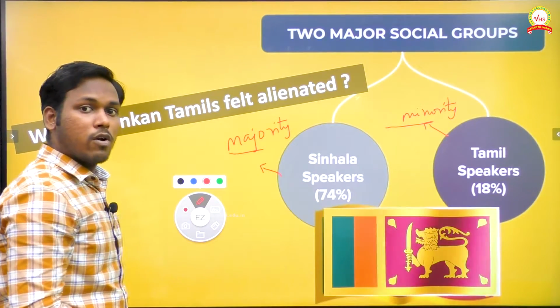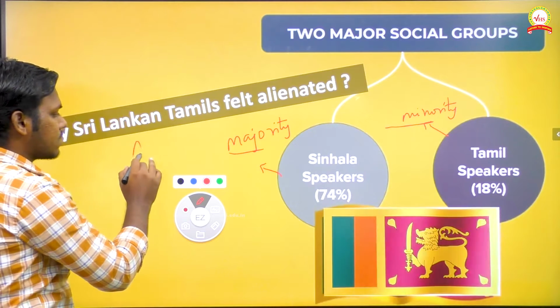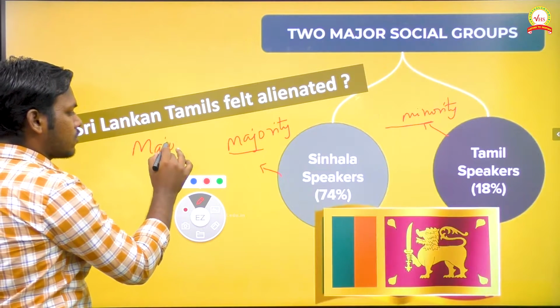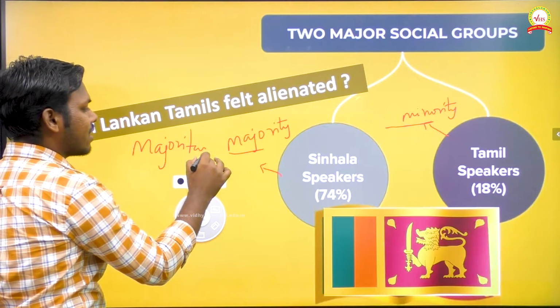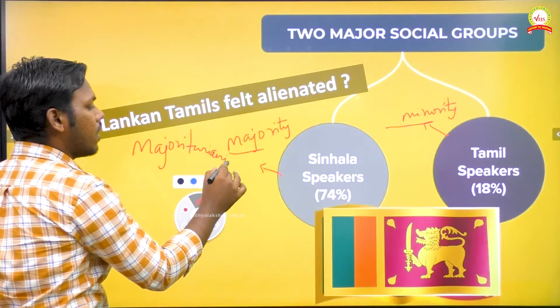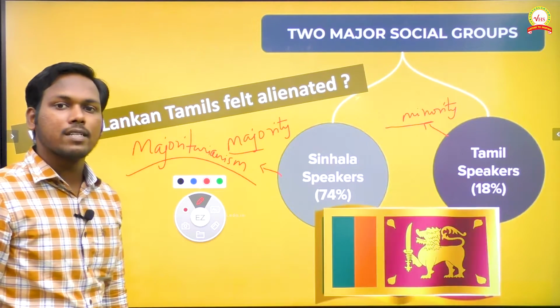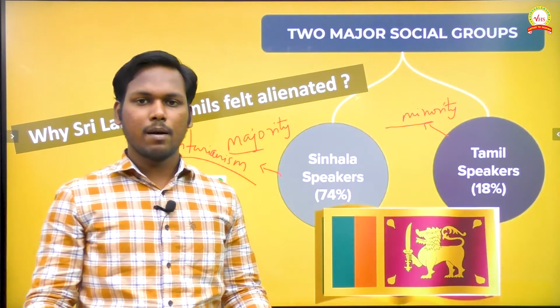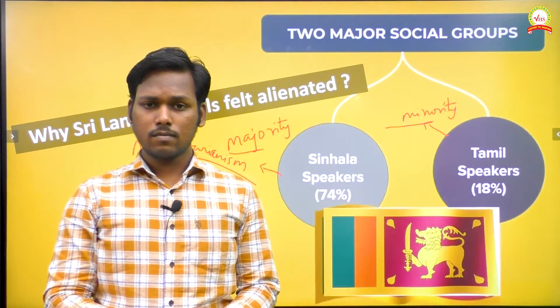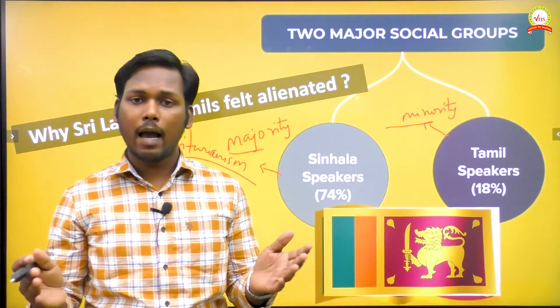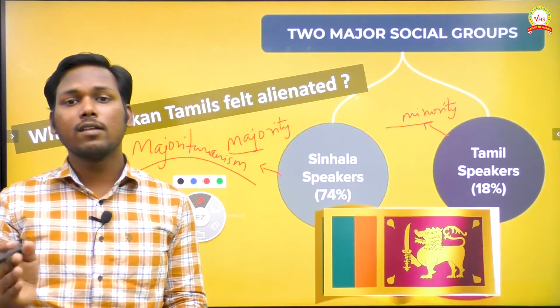The act of doing all these is called majoritarianism. So majoritarianism is nothing but imposing the will of the majority. For example, in India, our motherland, whatever happens, we used to compare that with India.